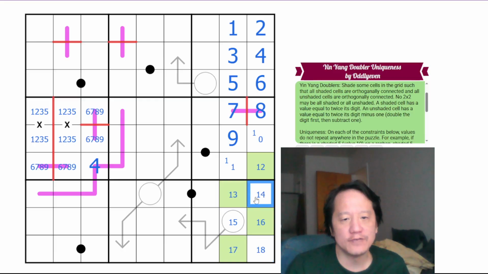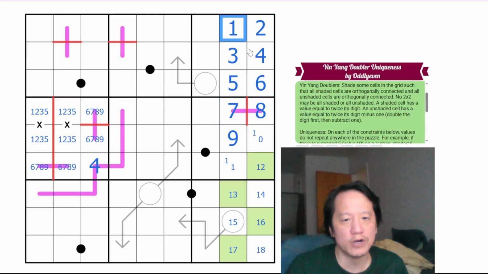So we have to have a 7-8 pair here, and that means this Renban has to have 1 through 7.